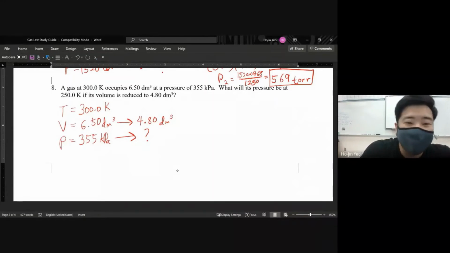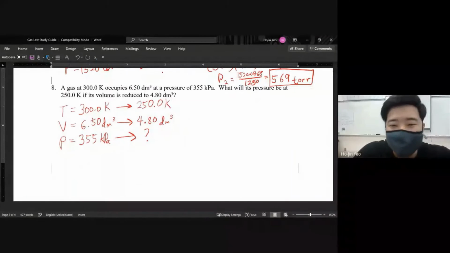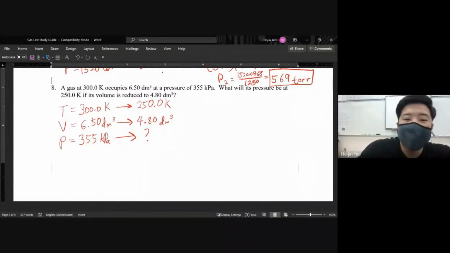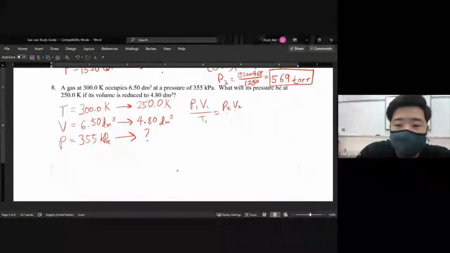Oh, I take that back. I forgot to read this part, which is 250 Kelvin. That was my mistake. So I'm going to use that combined gas law to solve this out.